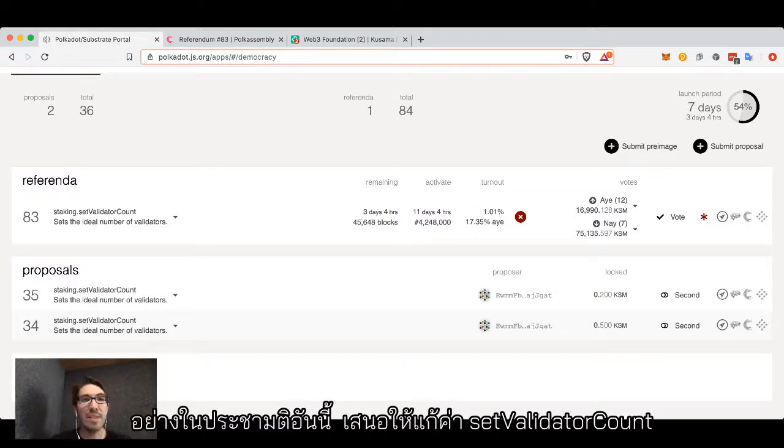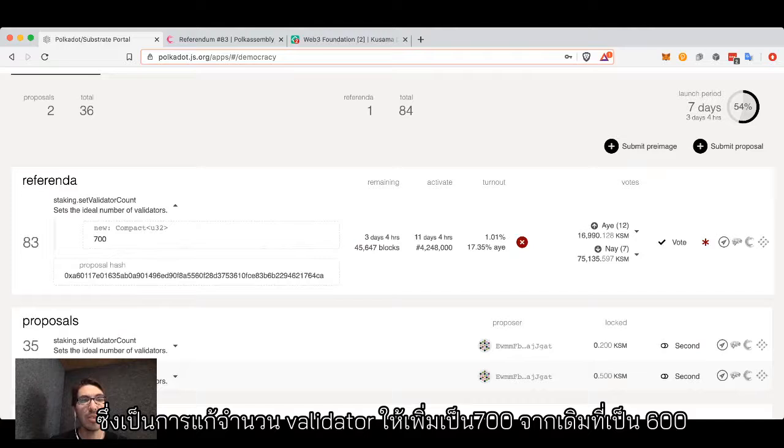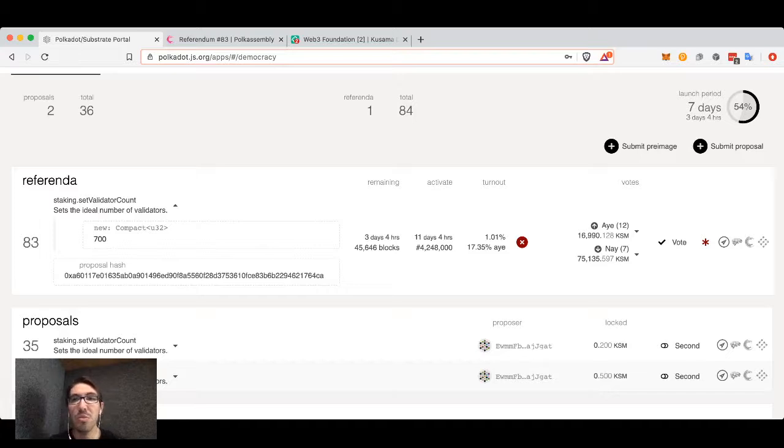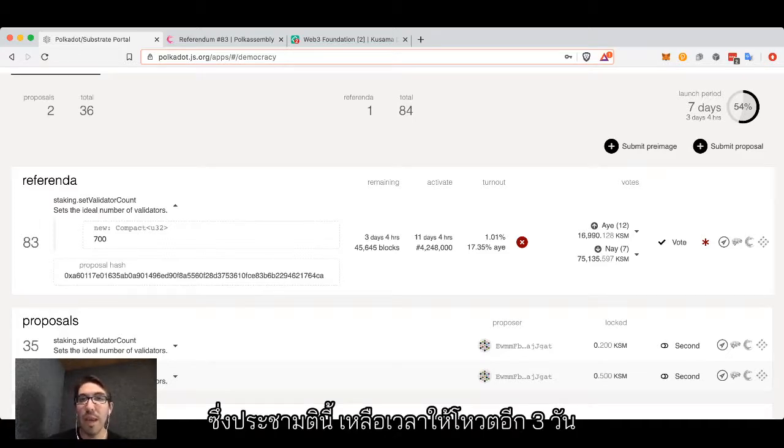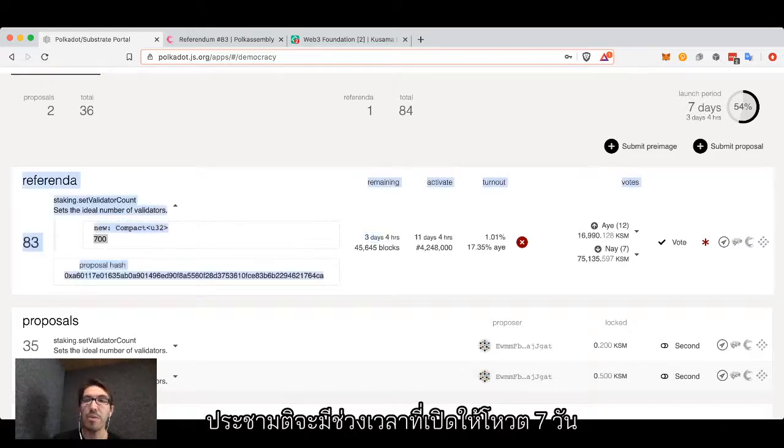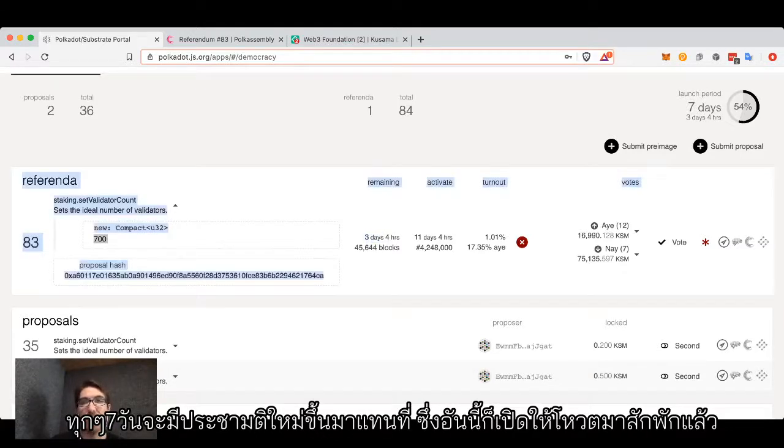So in this instance, the referendum is for staking set validator count. So setting the number of validators to 700. It's currently 600 on Kusama. So we have 3 days left to vote on this. The voting periods are 7 days. Every 7 days, a new item will come up.